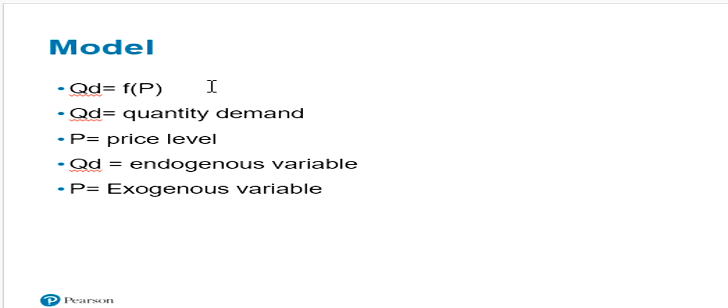First the change occurs in price, then by looking at price, we decide how much of that good we are going to supply into the market. So when we talk about demand, we are discussing the household, and when we talk about supply, we are discussing the supplier or producer side of the economy.